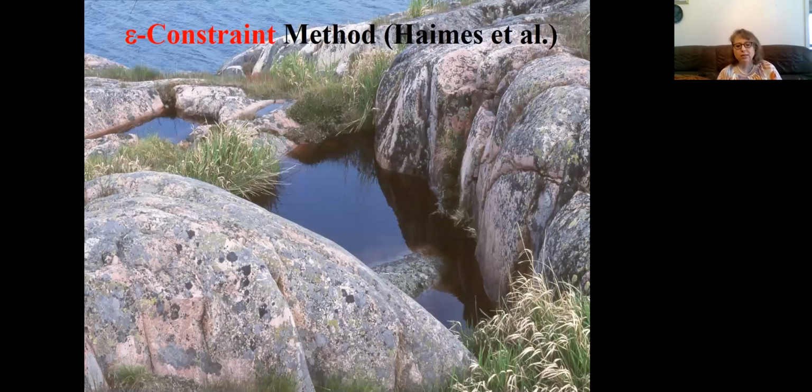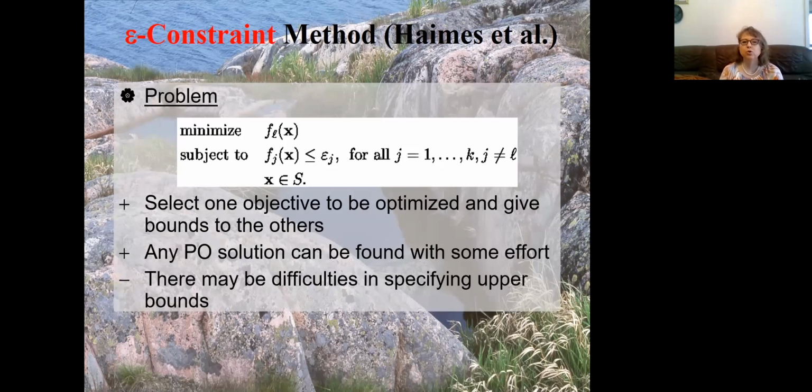Another very simple method that is very widely used is the epsilon constraint method, where we choose one of the objectives to be optimized and we give bounds to the others. So this is another way to convert the problem to a scalarized problem. In this case, we don't have such serious shortcomings related to convexity as with the weighting method.